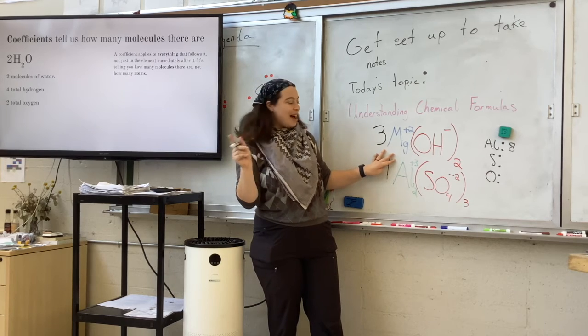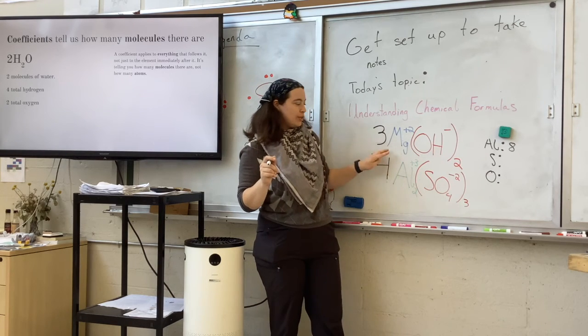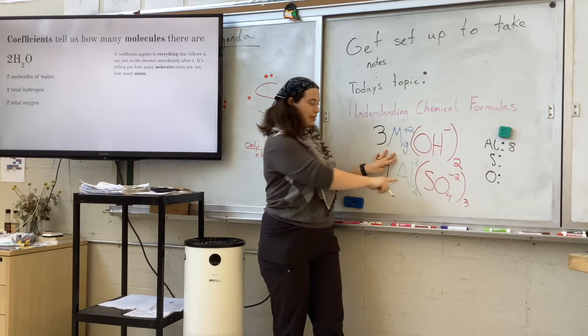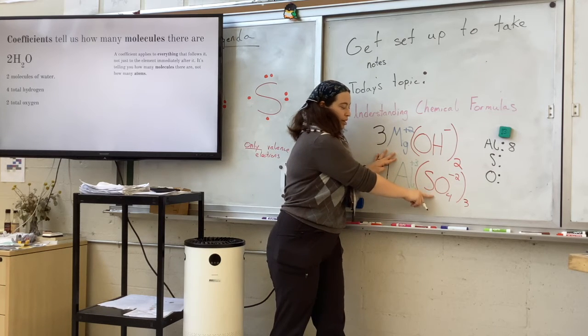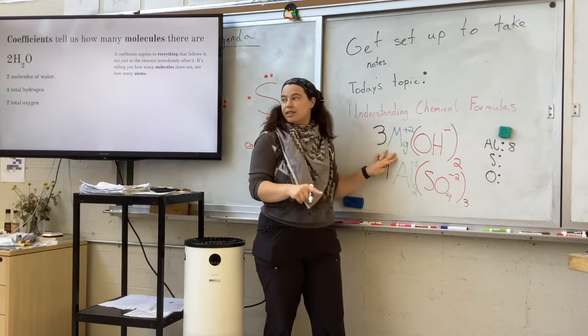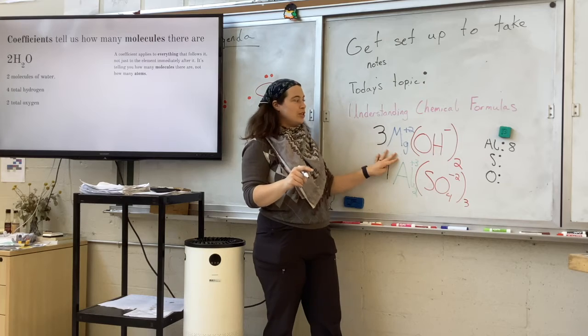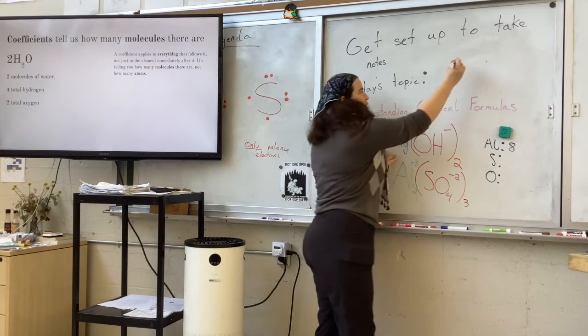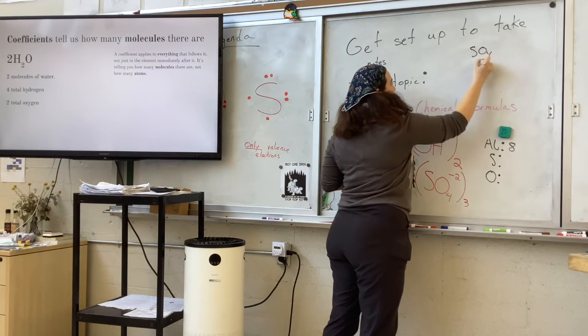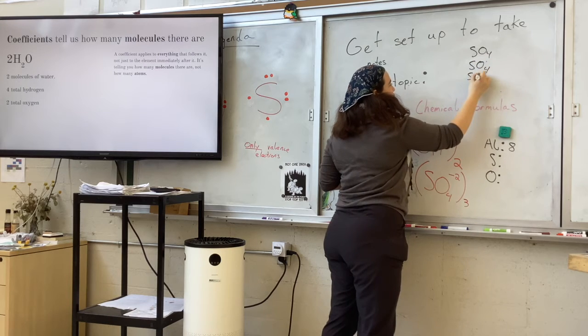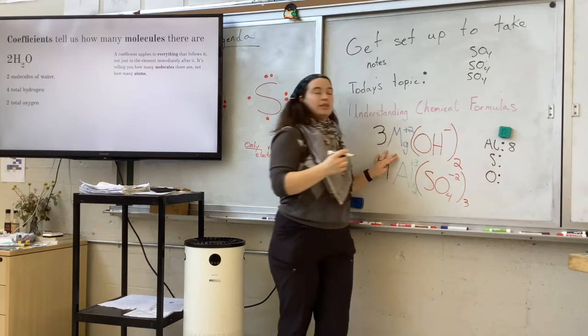Oh yeah. How many sulfurs do we have in one molecule? One per this ion, but there's 3 of those ions. So in one molecule of aluminum sulfate, 3 times something. We have an SO4, we have an SO4, and we have an SO4. So how many sulfurs is that total?